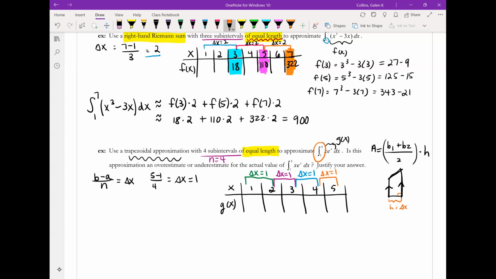Okay, so the bummer is that we have to fill out the whole table, but at least we know for sure. Okay, so our function is x e to the x. Out to the side, I'm just going to think about that.